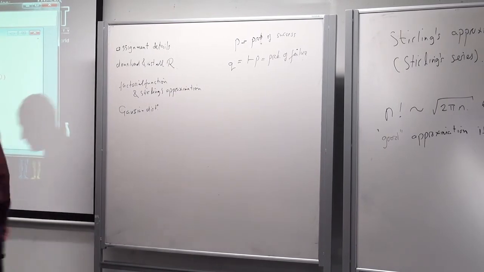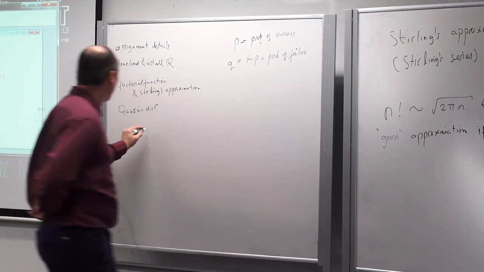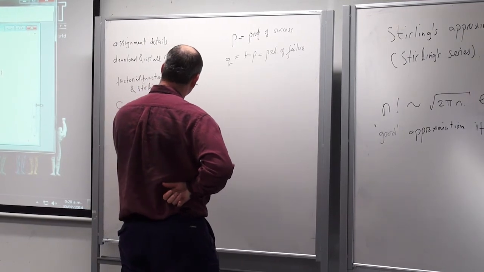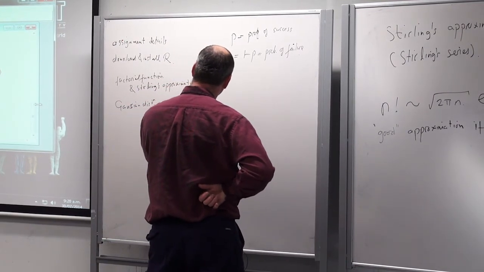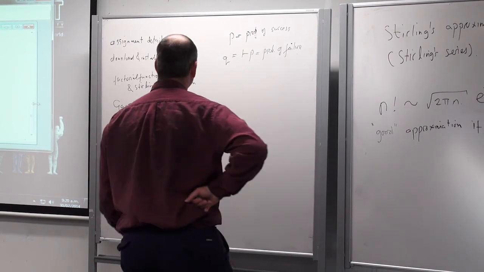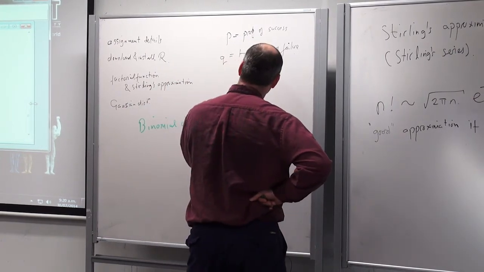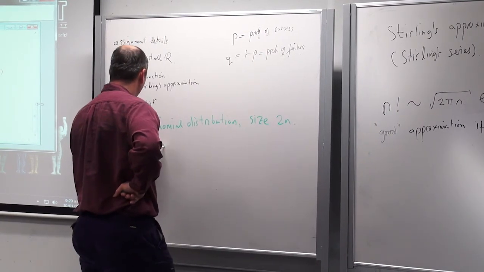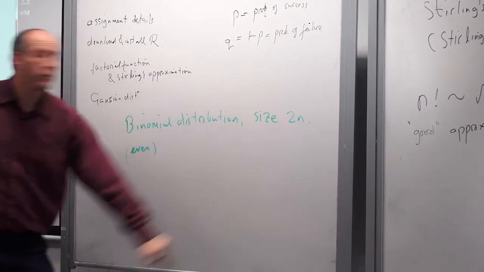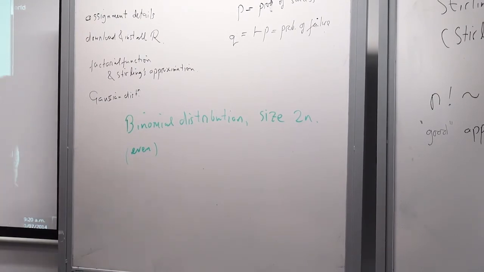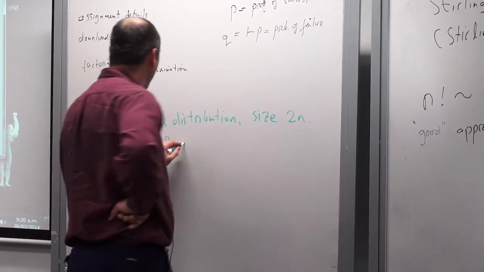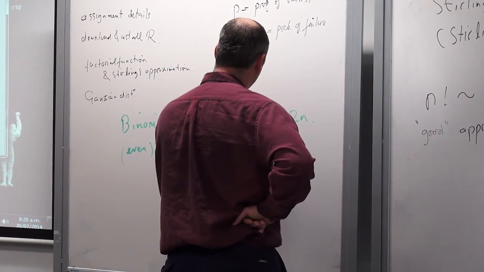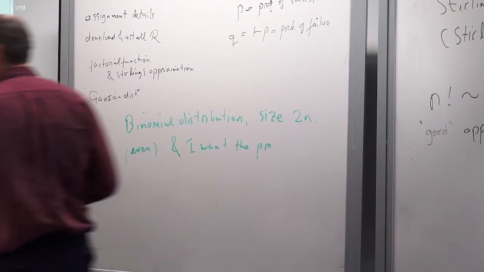Well, what I'm going to do is start out with a binomial distribution of size 2n. So it's even, because I'm taking a multiple of 2. And I want the probability, just a second, I'm getting out of sequence here.